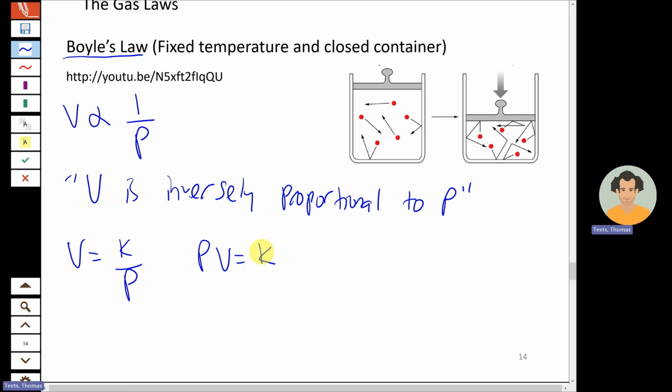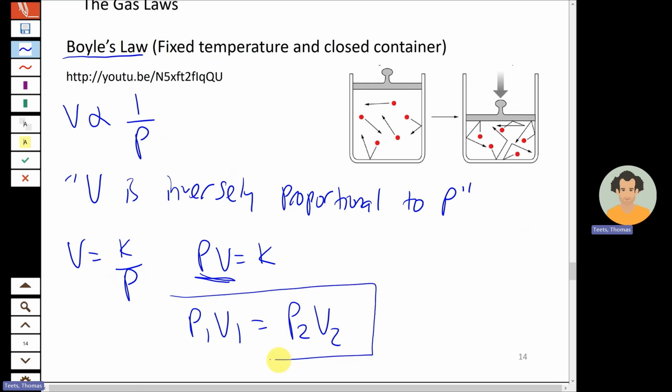Because the product of pressure and volume is equal to a constant, if the pressure and volume are changing, the product of the initial pressure and volume, P1 and V1, will also equal the product of the final pressure and volume, P2 V2. That relates pressure and volume as they change, and that's the statement of Boyle's law mathematically.